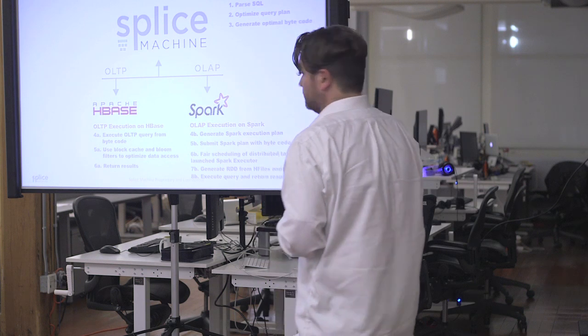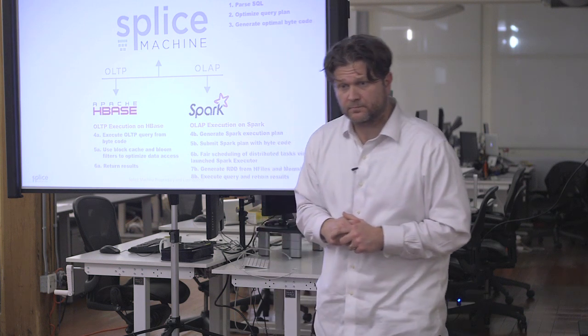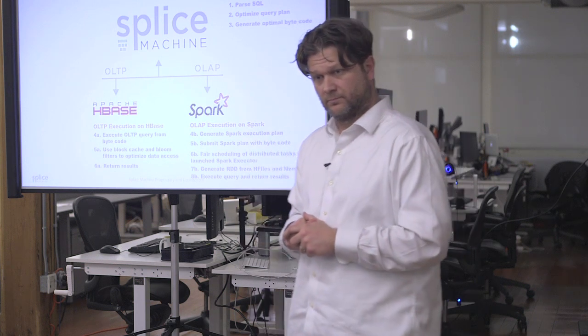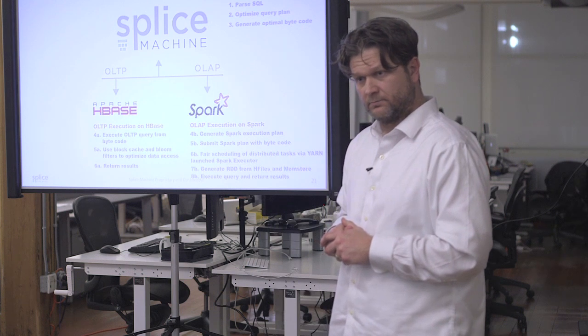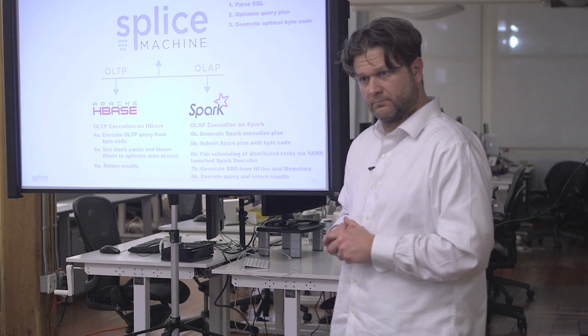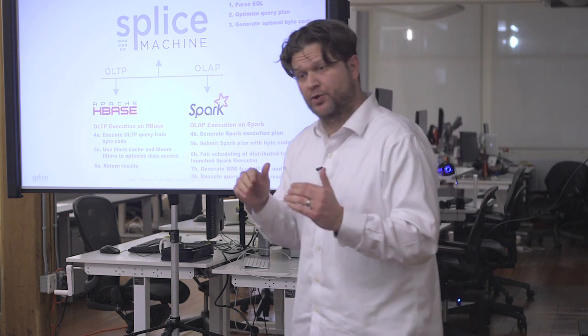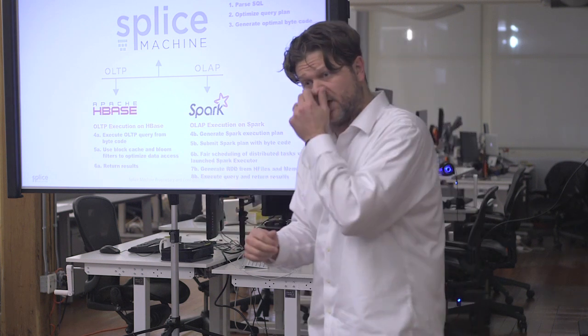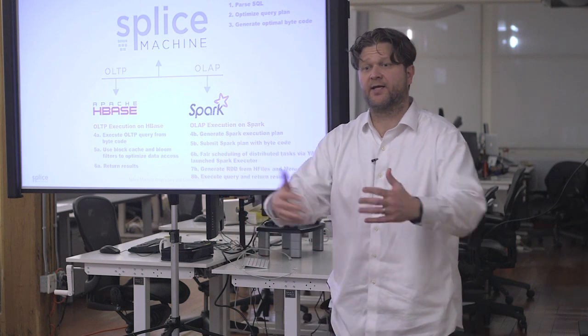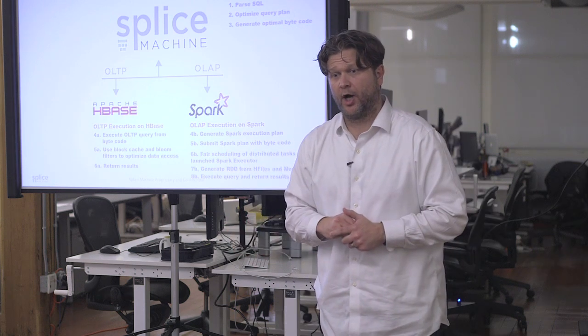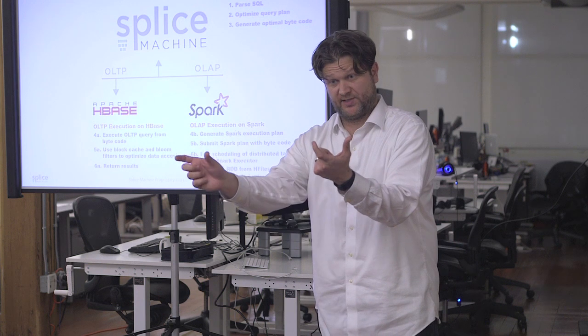Cool. Yes? So when the query is executed through Spark, at some point, does it touch the HBase engine to get the data from HBase files? No, so it goes directly to HDFS. So when I say, hey, read the customer table, it has an input format that points to that.